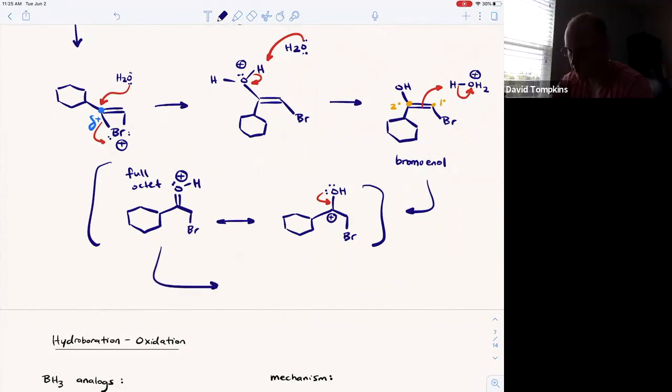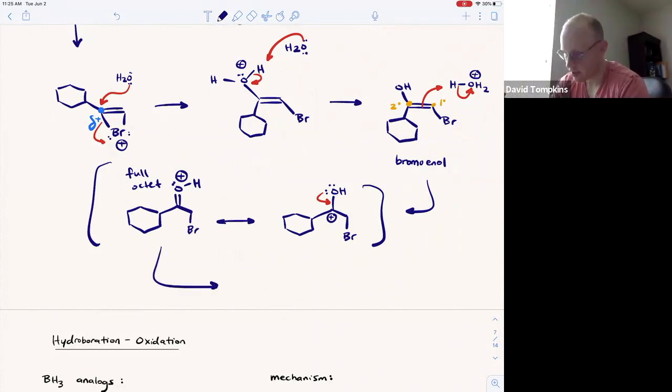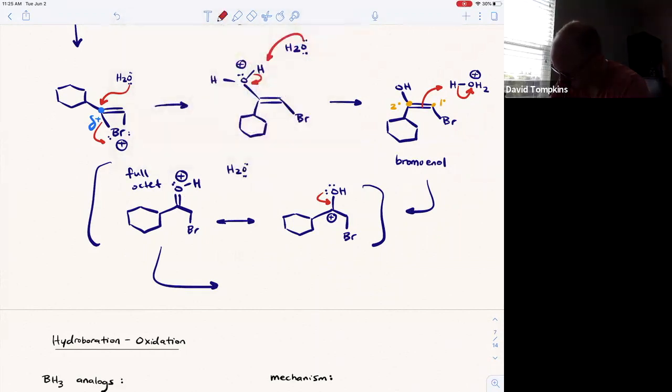So we protonated first, drew a resonance structure, had positively charged intermediate, and then we deprotonate to reform our catalyst. This is remaking hydronium to give the alpha bromo ketone product.